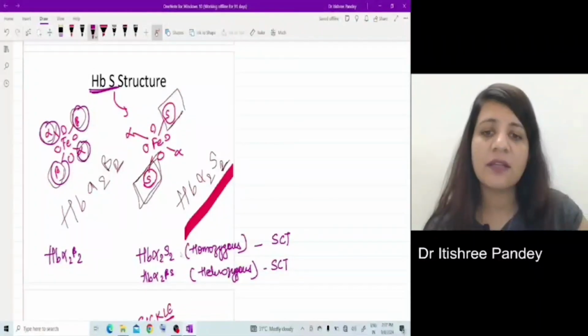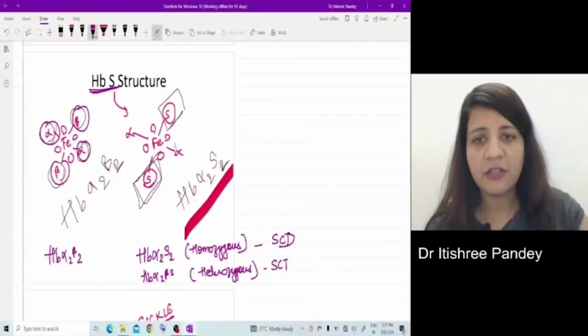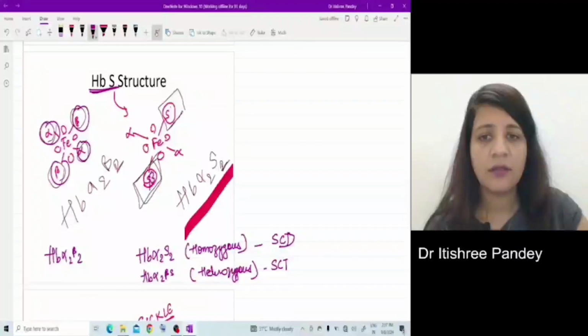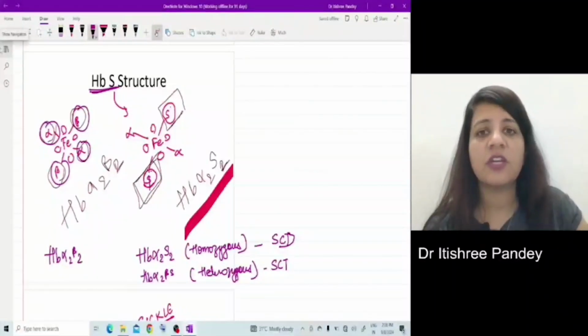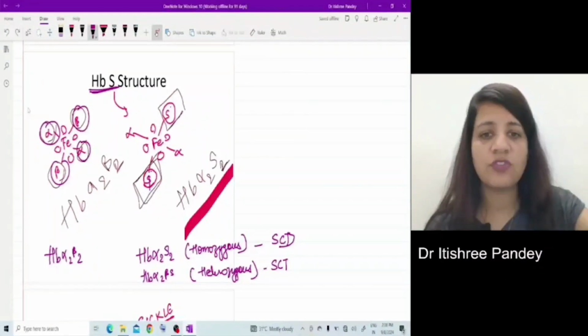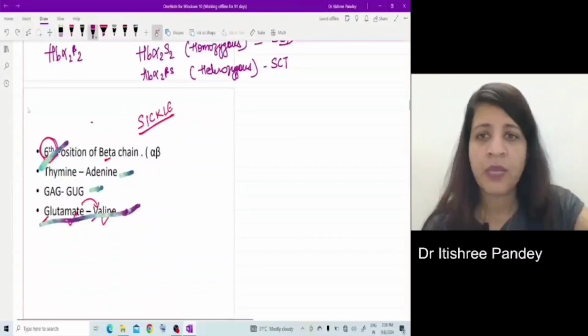So what happens in sickle cell trait is that out of the two, only one of the beta chains is defective and one is completely normal, whereas in sickle cell disease both beta chains are replaced by hemoglobin S. So this is the difference between the trait and the disease, which are the heterozygous and homozygous states.